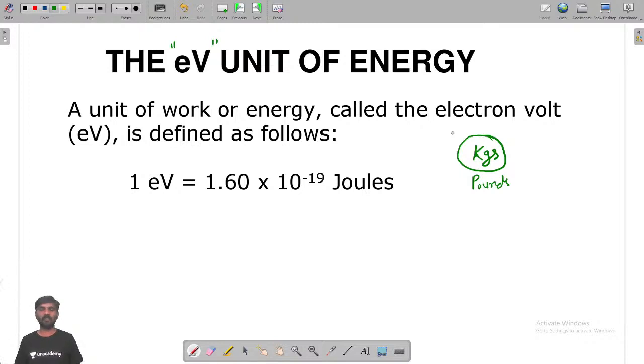How will you measure something less than a kg? You will have something called grams. If it is even less, let's say you are trying to buy gold, you will have something called milligrams.